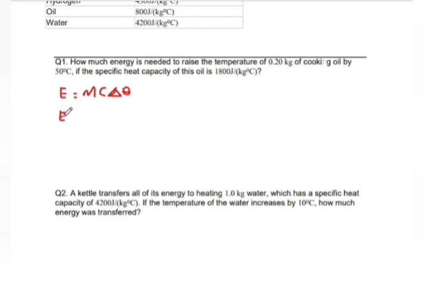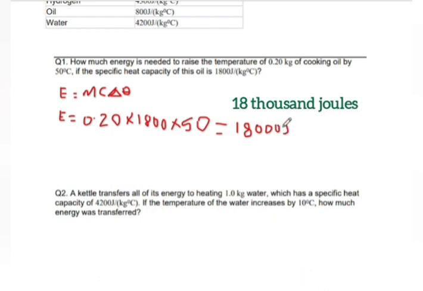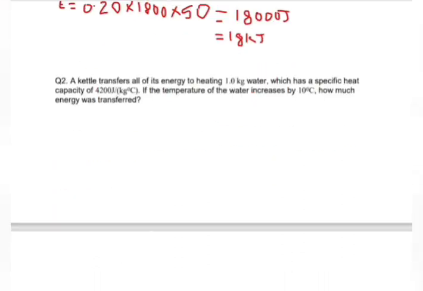E is equal to the mass 0.20 times the specific heat capacity 1800 times 50 degrees, which is the temperature rise. So that will give us 180,000 joules. We can convert this to kilojoules by dividing by 1000, and that gives us 18 kilojoules.